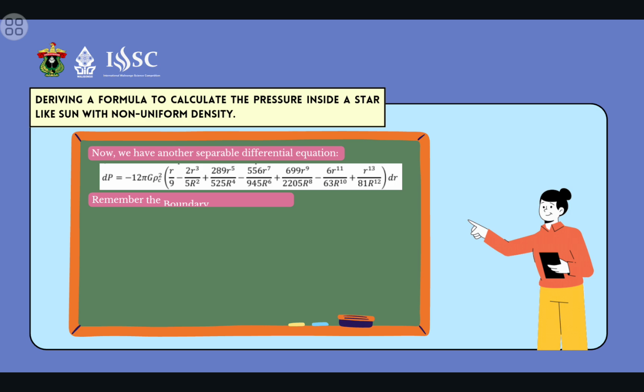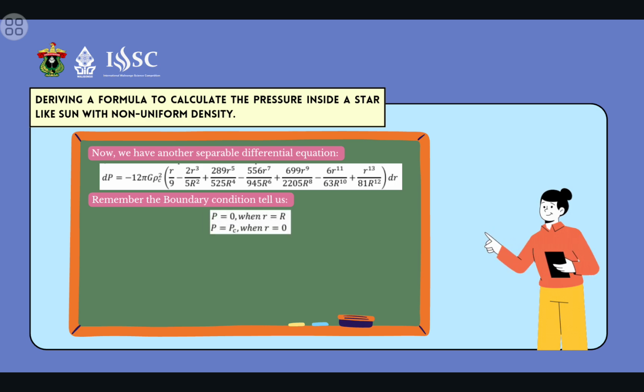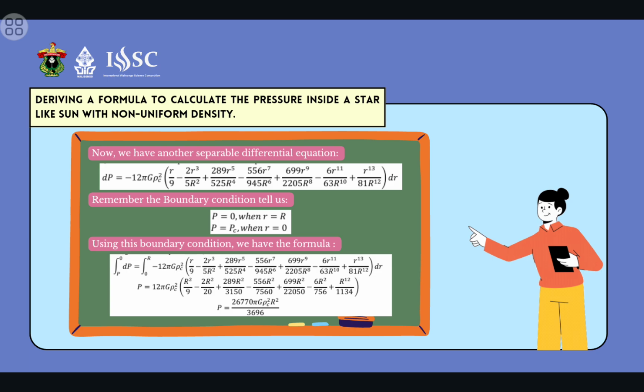And remember, the boundary condition tells us that P is equal to 0 when r is equal to R, and P is equal to the center pressure when r is 0. So, using this boundary condition, we have the formula like this.